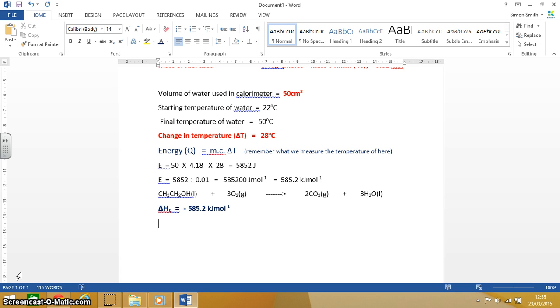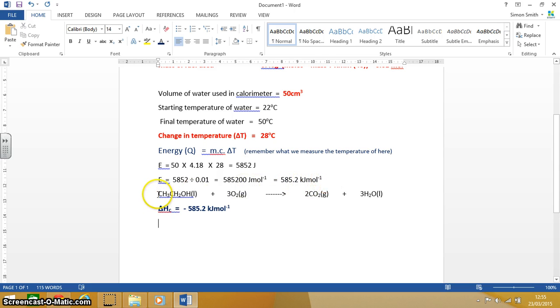So after the final calculation, we've got the 5852 joules divided by the number of moles of ethanol, which is 0.01, which gives us 585200 joules per mole of ethanol. And the convention is to turn the joules into kilojoules where possible. So we divide this number by 1000, which gives us 585.2 kilojoules per mole.